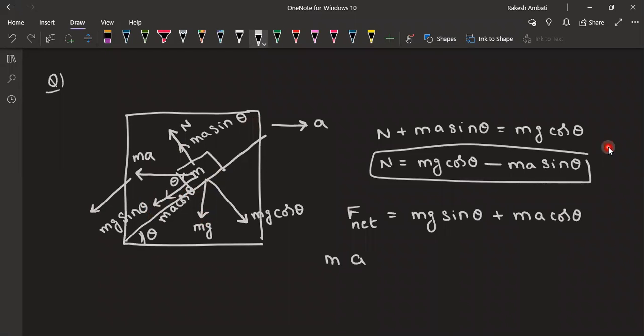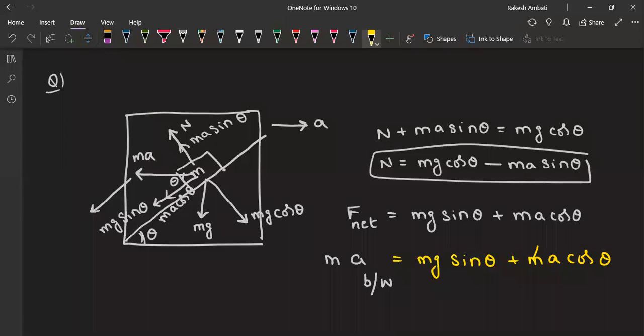Mass into acceleration, but this is the acceleration of the block with respect to the wedge. Why? Because the block is moving on the wedge. So the resultant force is mass into acceleration, and the exact meaning of this acceleration is the acceleration of the block with respect to the wedge, equal to, on the right hand side, mg sin theta plus MA cos theta.